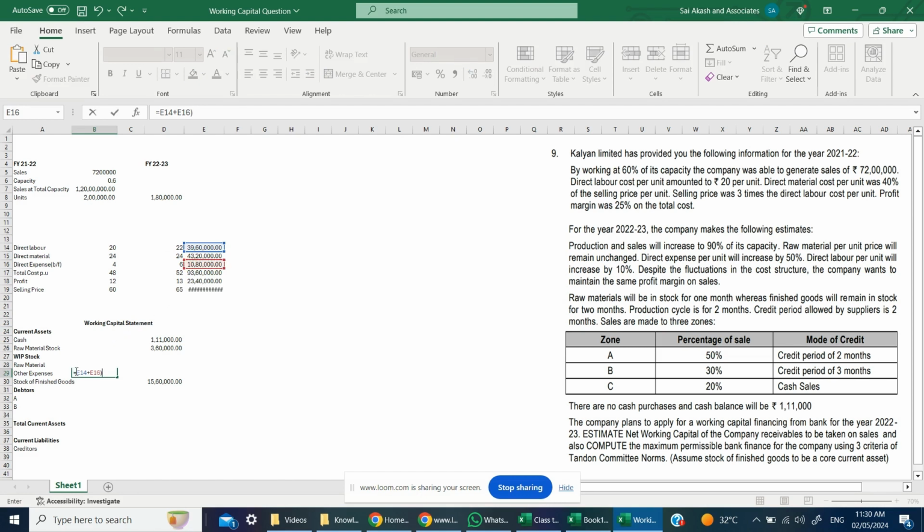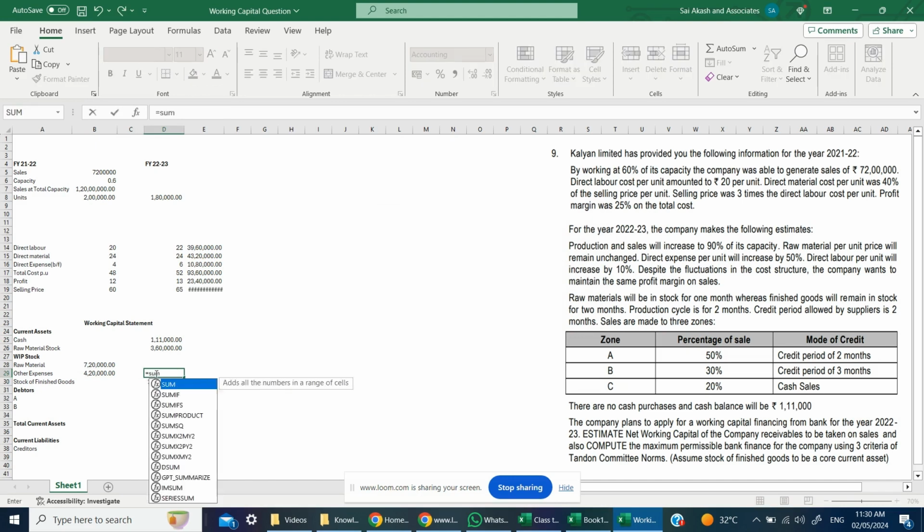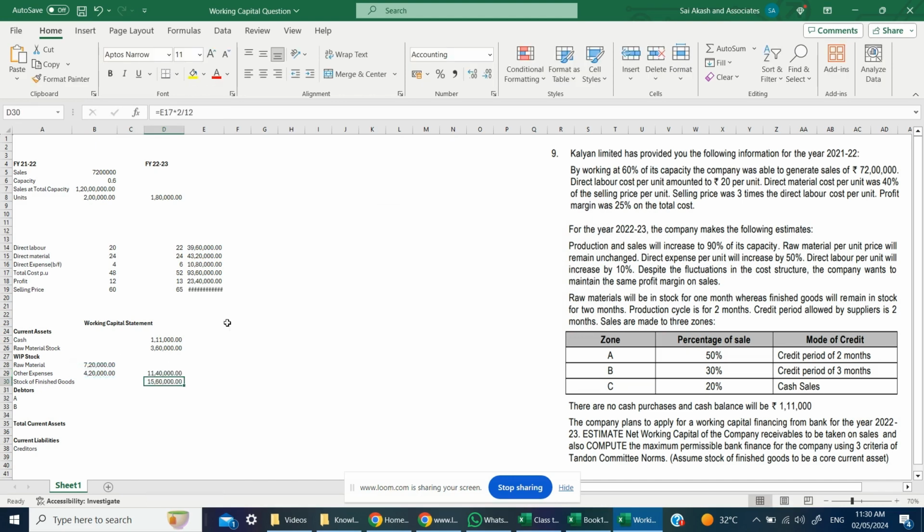So I'll take this into 50% into 2 by 12. Other expenses are valued at 50%. Therefore, what is my total WIP valuation? WIP valuation is 11,40,000.